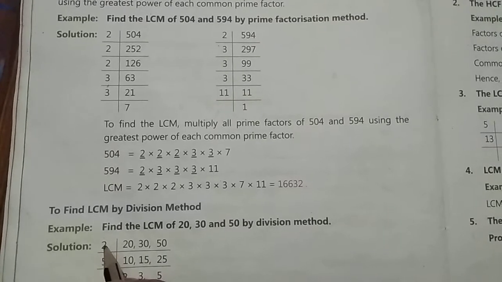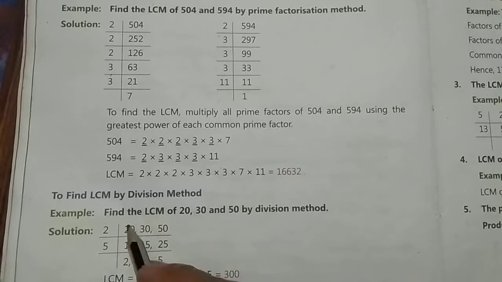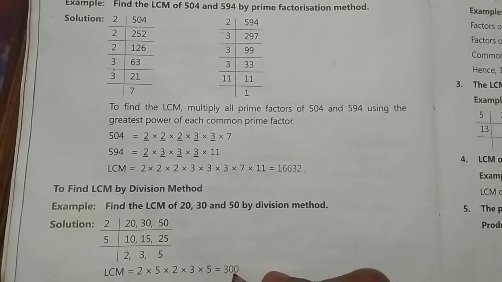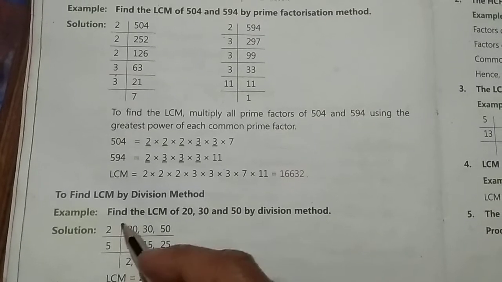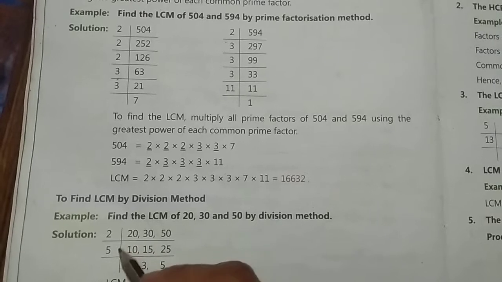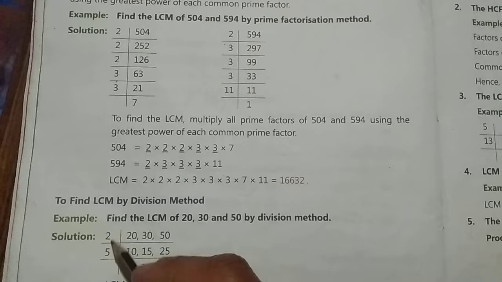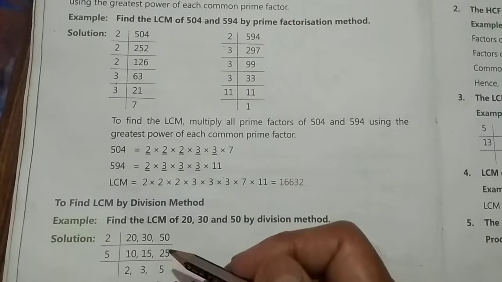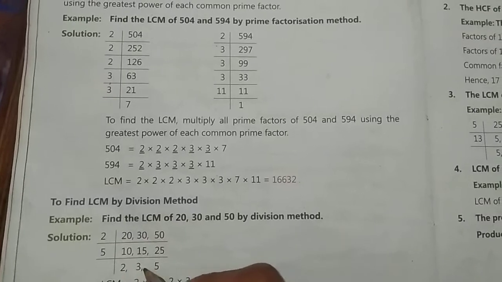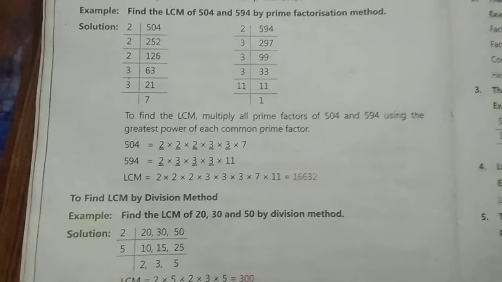So students, when we multiply all these numbers, 2 into 5 into 2 into 3 into 5, we have got LCM 300. Now this 2 and 5 is common, so when we multiply, this is our HCF. 2 into 5 is 10, 10 is our HCF, and when we multiply all the numbers, 2 into 5 into 2 into 3 into 5, then it is our LCM.